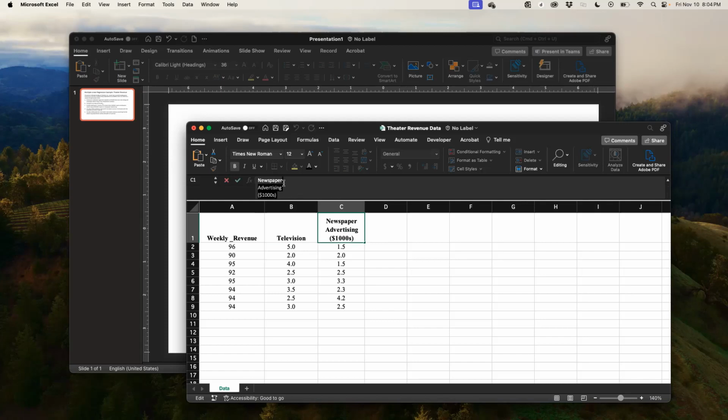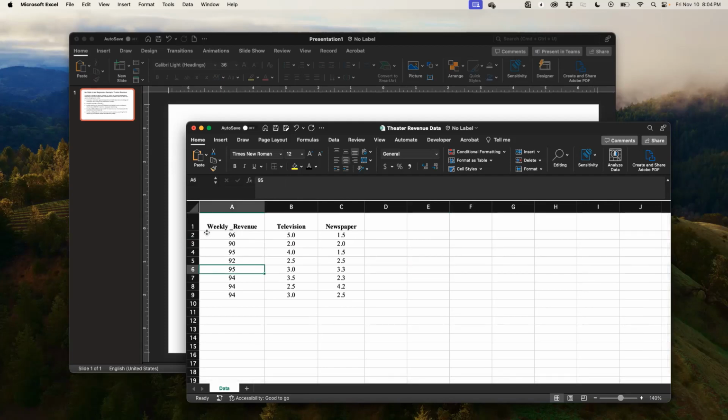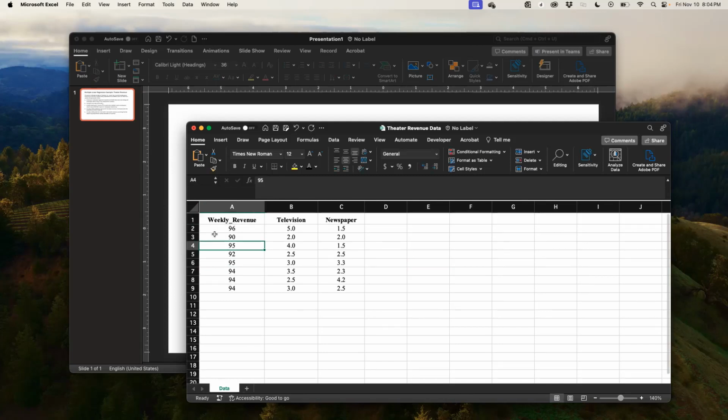And then this, I could just say newspaper, because we know exactly what we're trying to do there. All right, so just a very minor formatting to get our data set ready for our analysis.